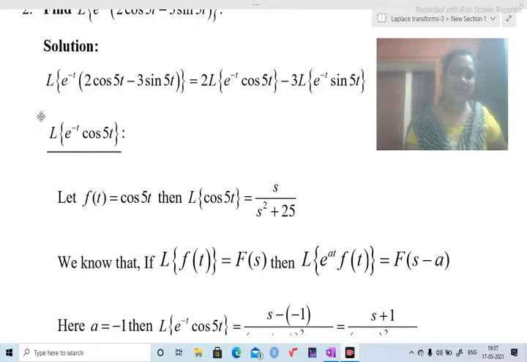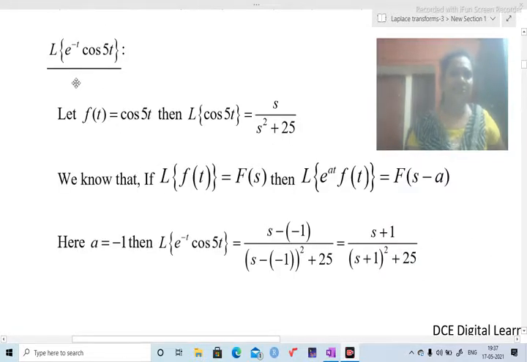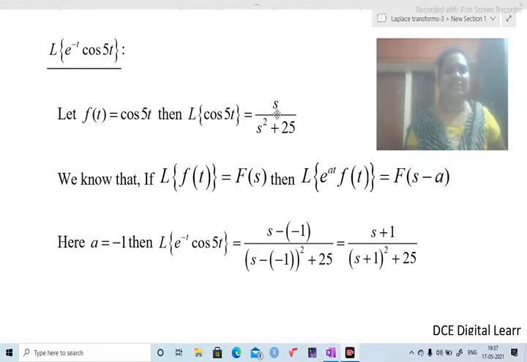By using first shifting property, if L of f of t equal to F of s, then L of e power at into f of t equal to F of s minus a. Observe here a equal to minus 1. So replace s with s plus 1. So Laplace transform of e power minus t into cos 5t equal to s plus 1 by s plus 1 whole square plus 25.